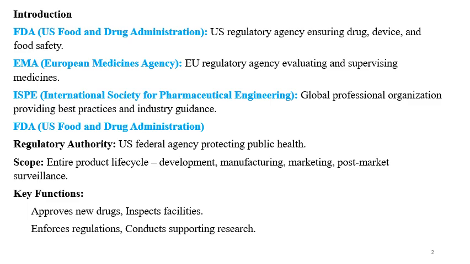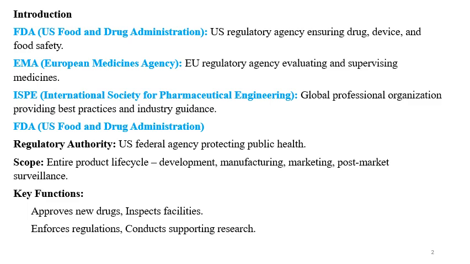Now coming to the US FDA, it is a regulatory authority and it is specific to the US. A US federal agency protecting public health. It is the US Food and Drug Administration.